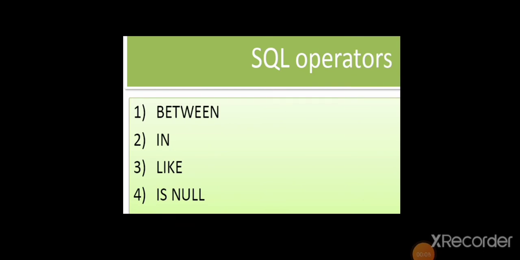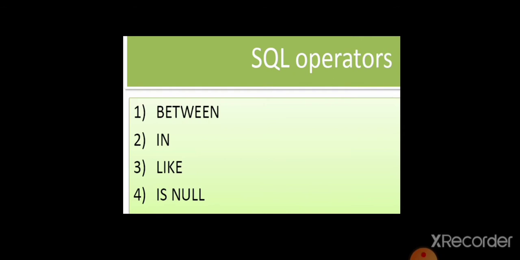In this slide, we are going to discuss SQL operators. So far we discussed the operators which can be used with the where clause, that are relational operators and logical operators, and these are the special type operators.